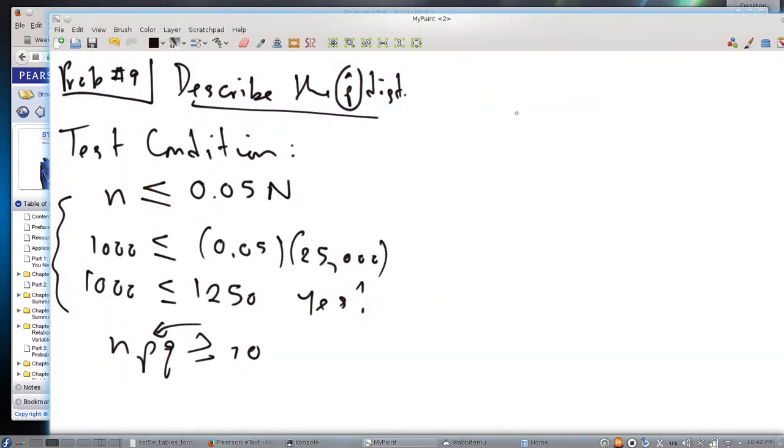If p is 0.103, then q is 1 minus 0.103, and that gives us 0.897.